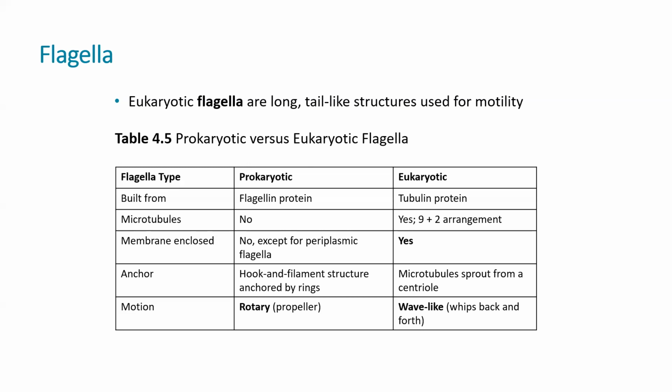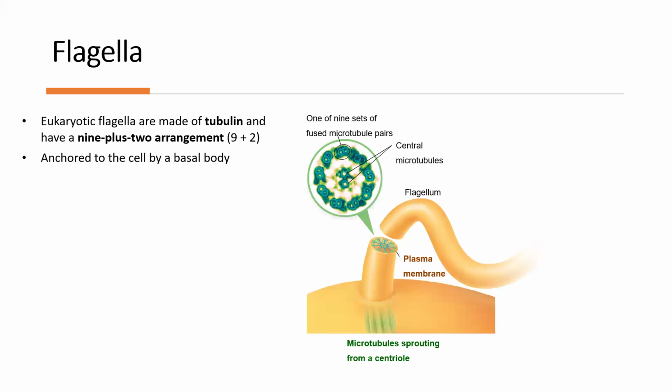The flagella of eukaryotes are going to be connected to microtubules, and they have a wave-like motion rather than the rotary propeller motion of prokaryotes. When we look at this, we see these microtubules connected to a centriole, and they have this 9+2 arrangement. So you get 9 around the outside, and then you get 2 in the center.